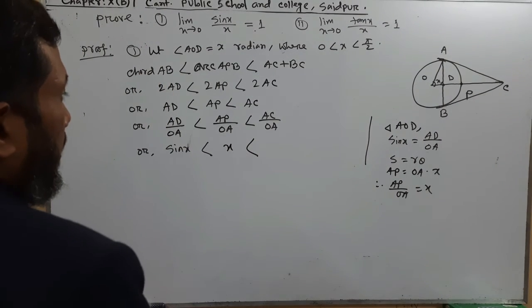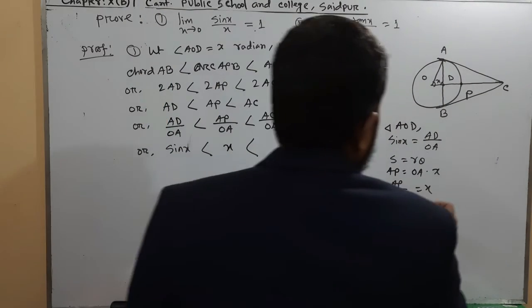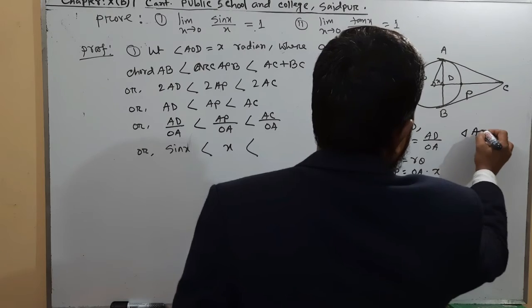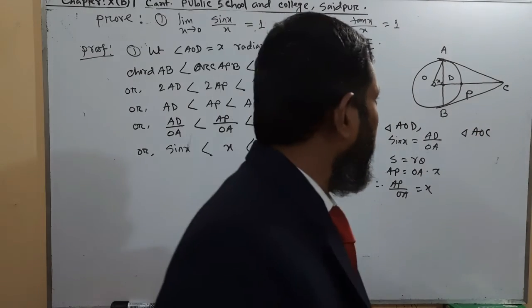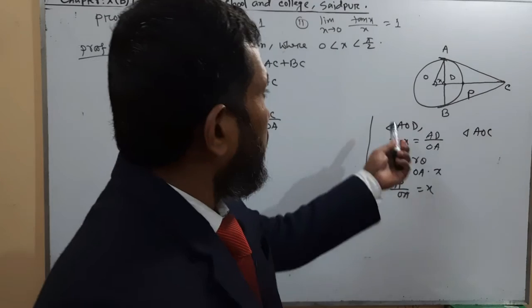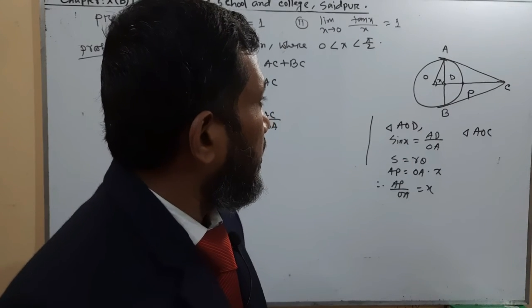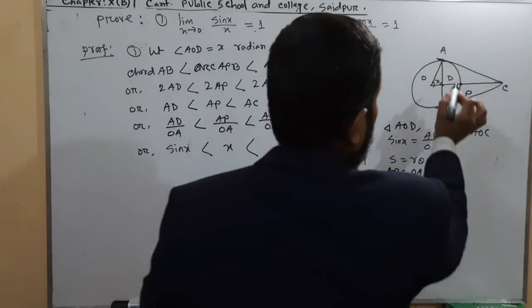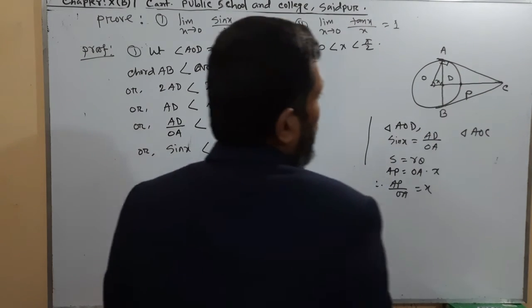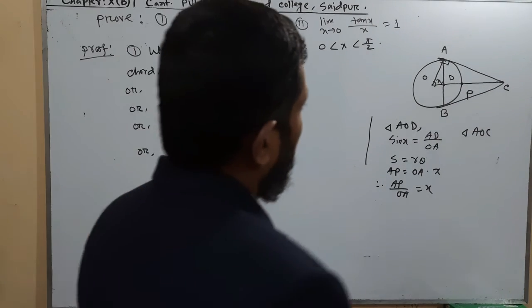Now AC and OA for triangle AOC. Here AC is the tangent and A is the point of contact. OA will be the radius through this point of contact, so OA is perpendicular to AC.